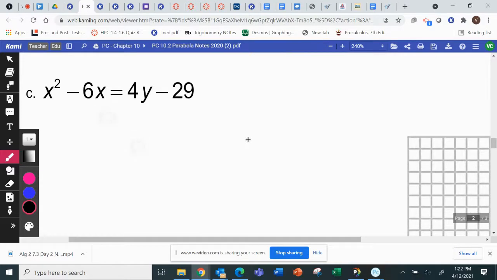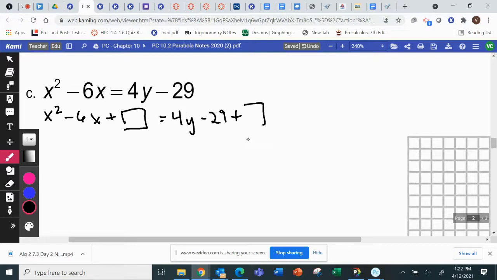So I'm going to start with completing the square with the X. I'm going to add the square to both sides. The number that completes that square will be 9. And I get X minus 3 squared equals 4Y minus 20.